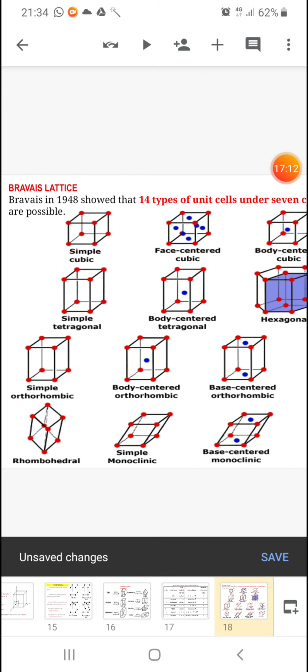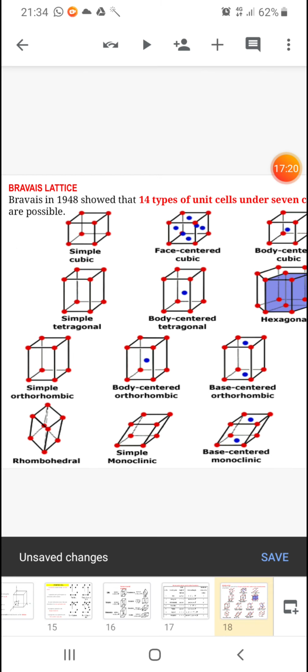The next system is orthorhombic. In orthorhombic system, simple orthorhombic crystal structure is observed where a ≠ b ≠ c. Example is Ga. Second crystal structure in this system is body centered orthorhombic where alpha = beta = gamma = 90 degree, and Fe3C is the example.